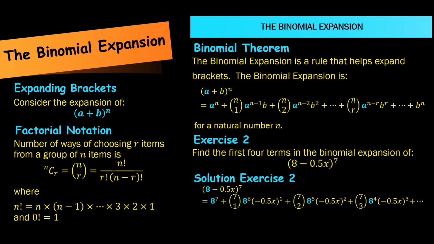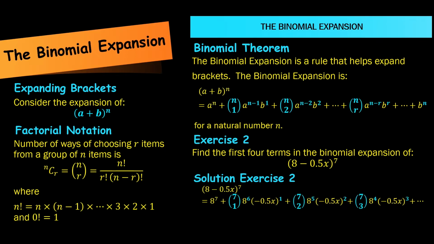A equals 8, b equals minus 0.5x, n equals 7, and r goes from 1 all the way up to 6 inclusive. However, as we're only interested in the first 4 terms, we're going to look at r equals 1, 2 and 3.